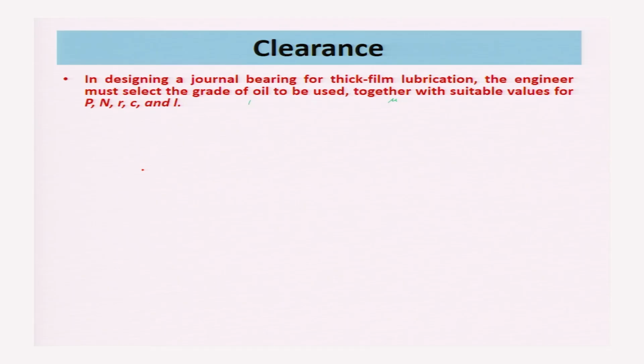In designing a journal bearing for thick film lubrication, the engineer must select the grade of oil to be used together with suitable values for P, which is the unit bearing load, the speed of the journal or the shaft, radius of the shaft, clearance, and the length of the bearing.